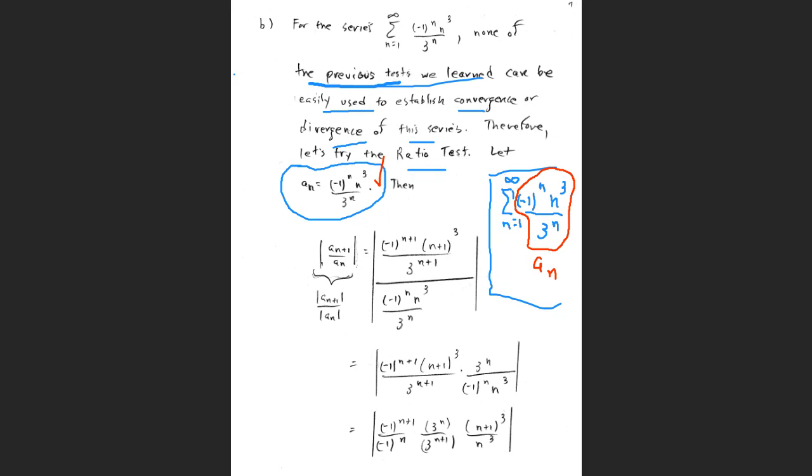So now we're going to look at the absolute value of the ratio of the n plus first term to the nth term. Let me give you a moment to catch up here.